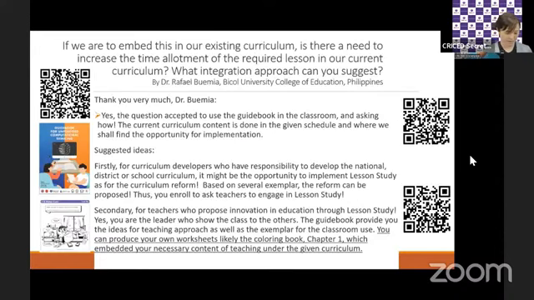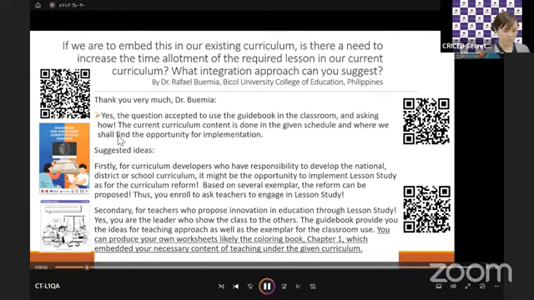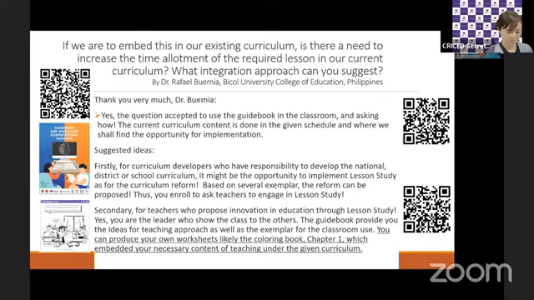The first question is from Dr. Buemia from Philippines. If we are to embed this in our existing curriculum, is there a need to increase the time allotment of the required lesson in our current curriculum? What integration approach can you suggest?